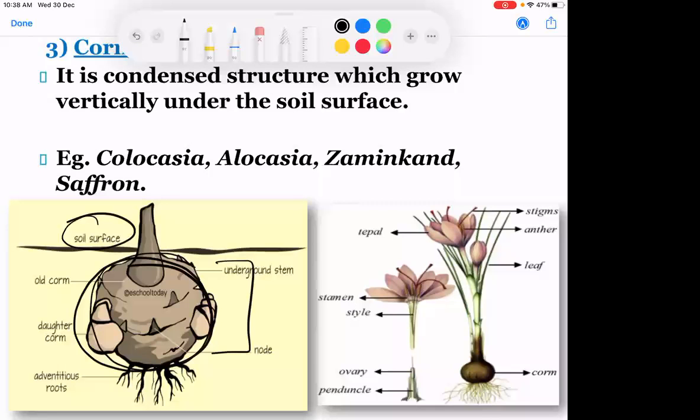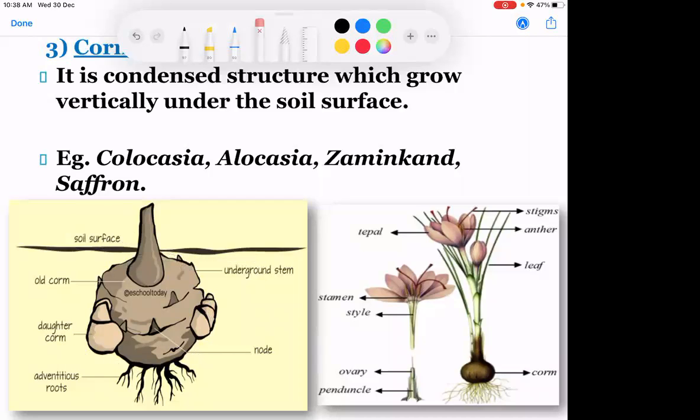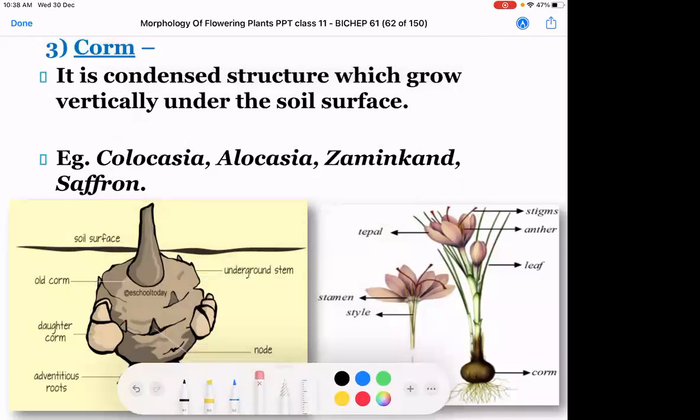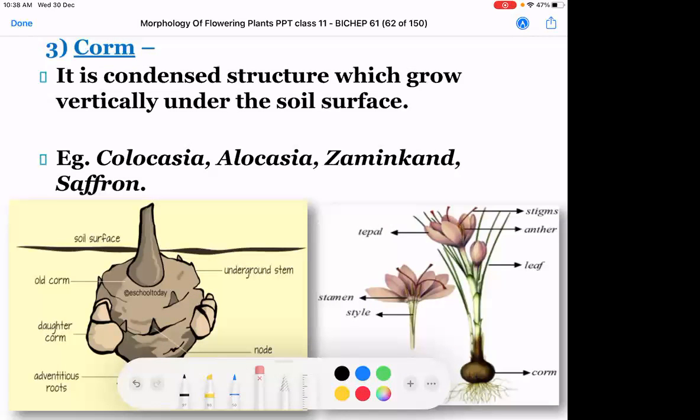Ready? So this kind of ball-like structure is known as corm. This is the only characteristic feature found in corm. So an underground stem which forms a ball-like structure is called corm. It is a condensed structure that grows vertically under the soil surface.